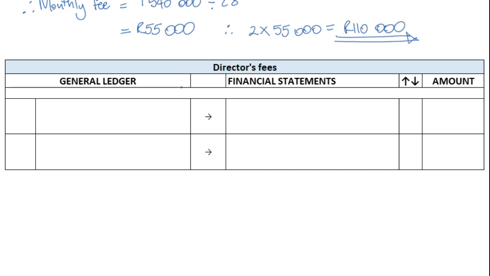So to provide for the outstanding 2 months worth of fees, we must debit the director's fees account because it's an expense and expenses increase on the debit side. We must also recognize a liability for the 2 months worth of fees owing. So we need to credit the accrued expense account.